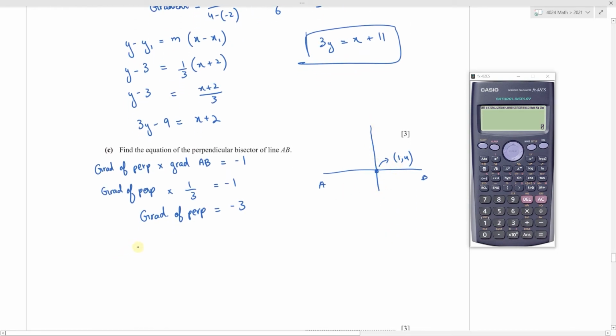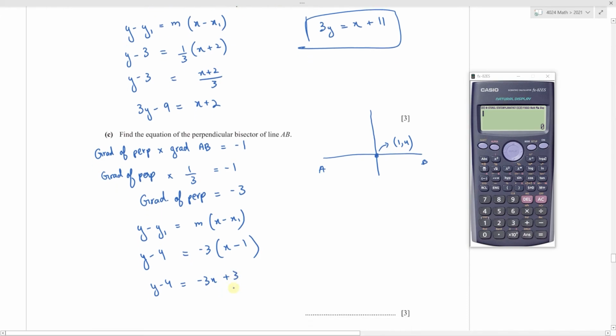So again, your equation will be y minus y1 equals gradient into x minus x1. Y minus y1, 1, 4, so your value here is 4. Gradient is -3. X minus x1 is 1. So y minus 4 equals -3x plus 3.